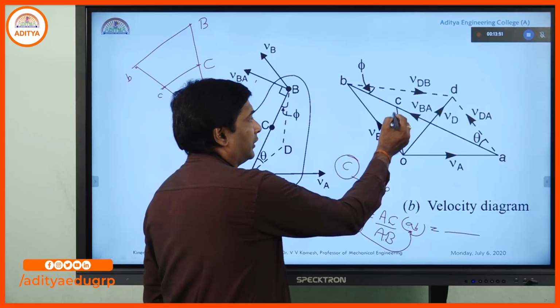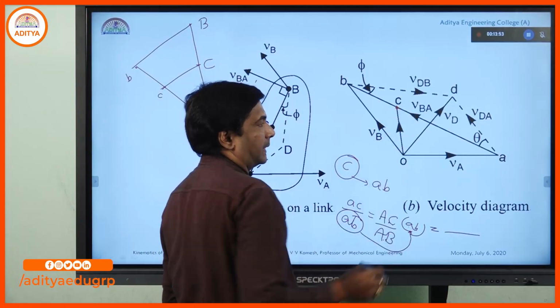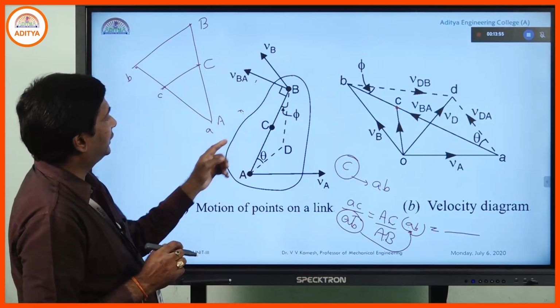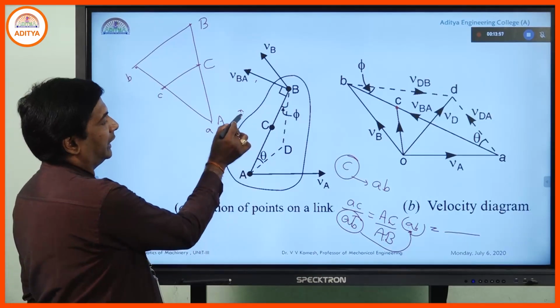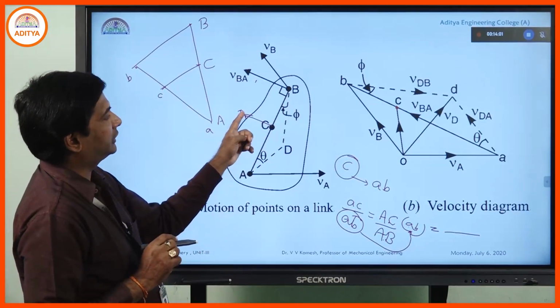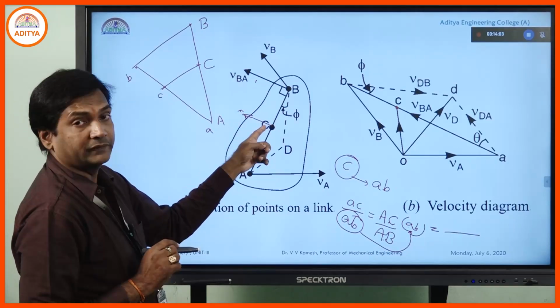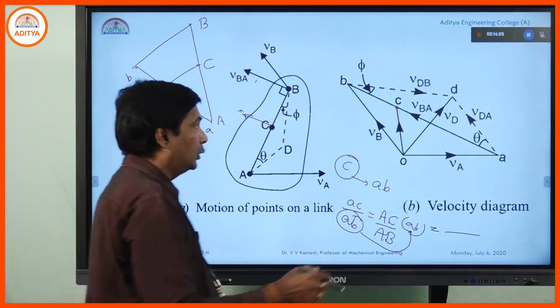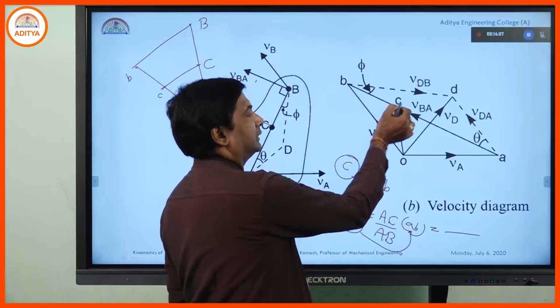So after identifying point C, the velocity of C with respect to A is in this direction. The velocity of C with respect to A, or velocity of C with respect to O, can be known by joining with that particular point.